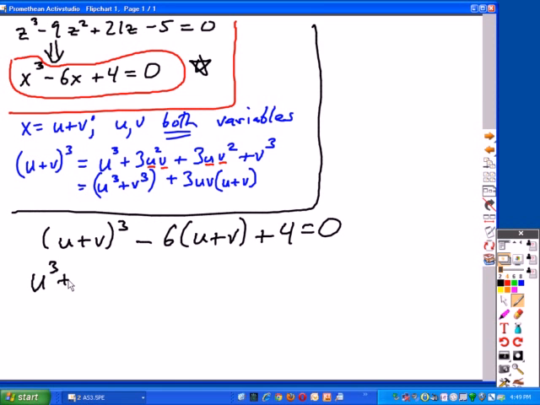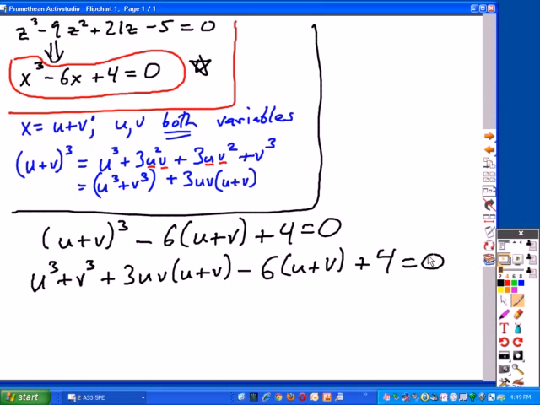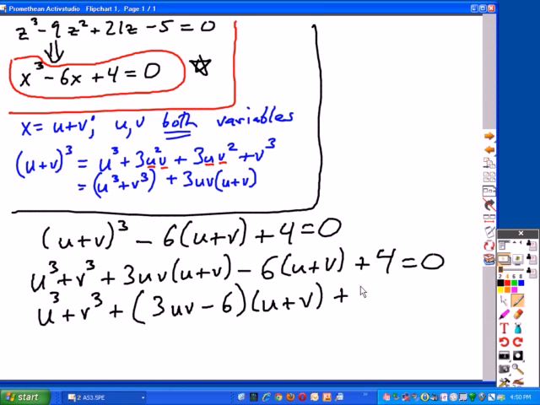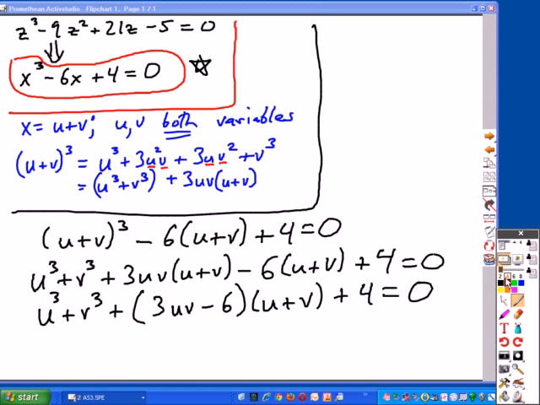This becomes u cubed plus v cubed plus 3uv times u plus v minus 6 times u plus v plus 4 equals 0. And so the high school algebra student in you has got to want to jump at that common factor of u plus v. So if we take u cubed plus v cubed plus a coefficient that looks like 3uv minus 6 times u plus v plus 4 equals 0, the idea is that we want to make that u plus v term go away.